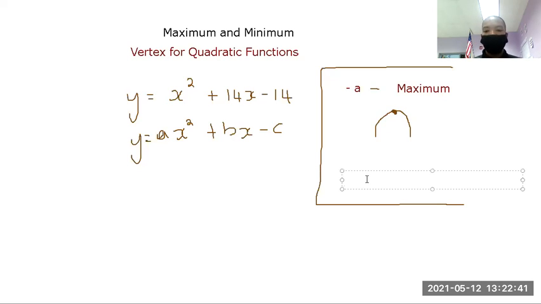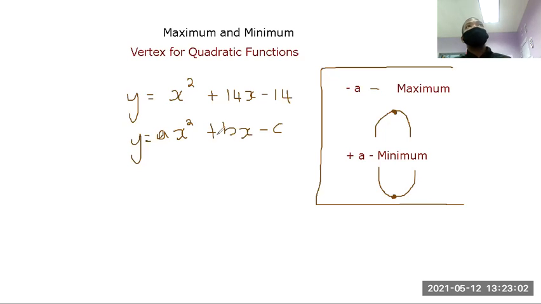If it's a positive a, that is a minimum, meaning the shape of the graph will look like that.